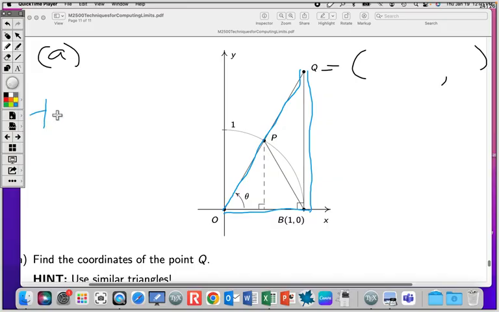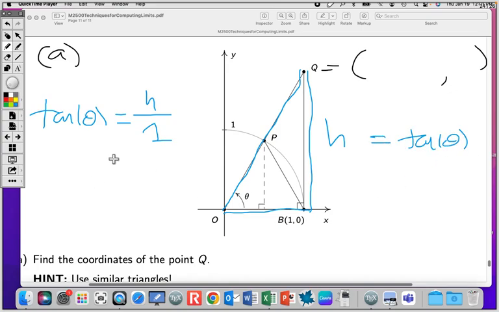And so if I look at the tangent of theta, that's the opposite side, which I'll call h here, divided by the adjacent side, which, well, that's just going to be 1. And so that h there is the tangent of theta. So the x-coordinate is 1, and the y-coordinate is the tangent of theta.